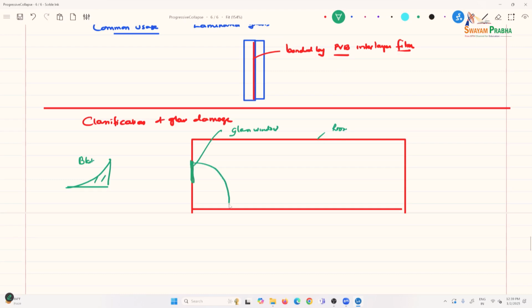It is classified into three regions. The first region is if it is within 3.3 feet. Let us say this is a 10 feet room, 6.7 and 2 feet above the wall.